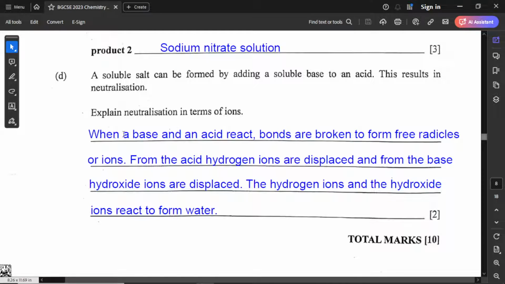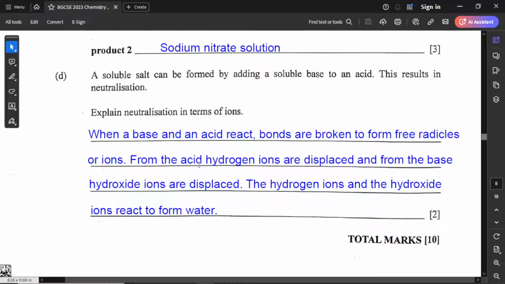Very important is that when a base and an acid react, bonds are broken to form free radicals, and those are normally in the form of ions. From the acid, hydrogen ions are displaced, and from the base, what we're going to have is hydroxide ions.